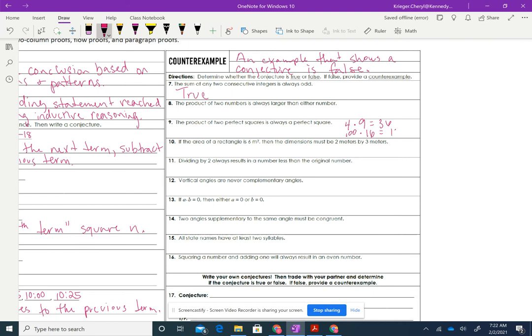So that's 1600. Oh, 1600. I forgot my 2 zeros. Okay, so the square root of 1600 is 40. 40 times 40. There we go. Okay, so I think this one's true.